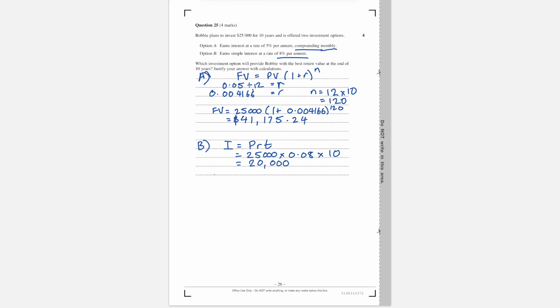Now we just need to be careful to add on the initial principal again. So our final value is equal to our interest plus principal. So 20,000 plus 25,000, which means we have 45,000 with option B. So which investment option will provide Bobby with the best return at the end of 10 years?